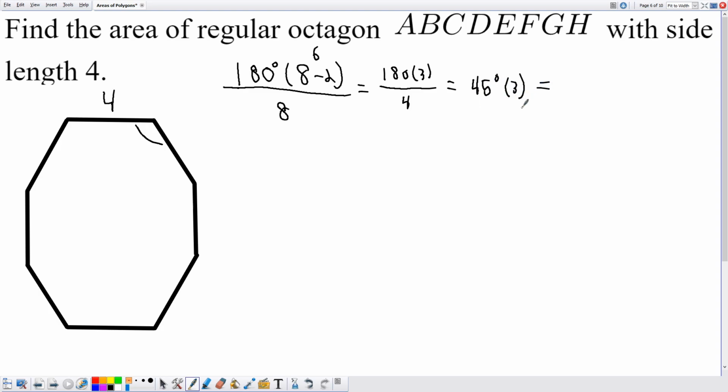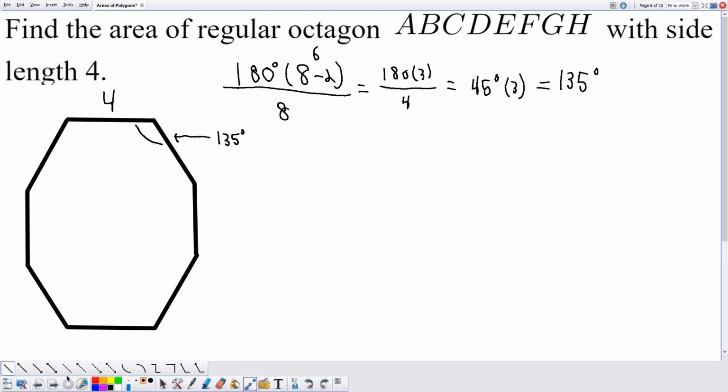Now that would be 120 plus 15, which would be 135. So that is a strange angle to work with, so it doesn't seem like we could make any decent triangles out of this problem.